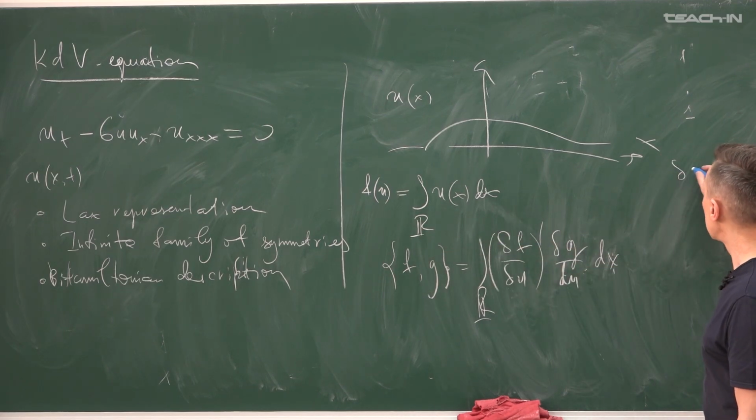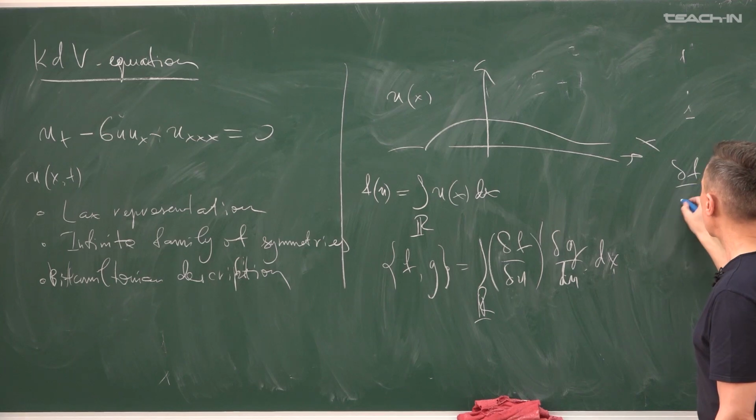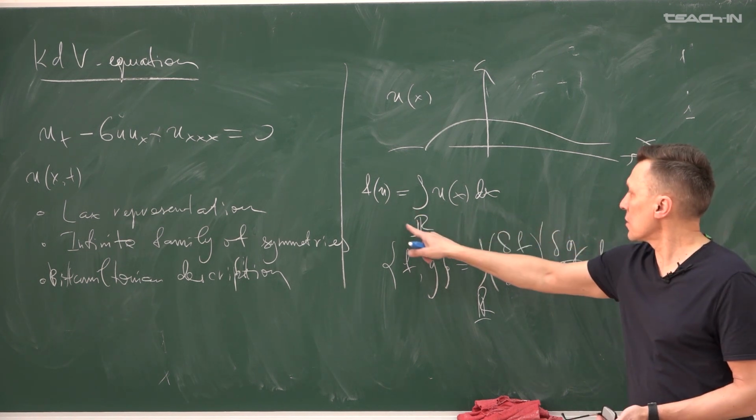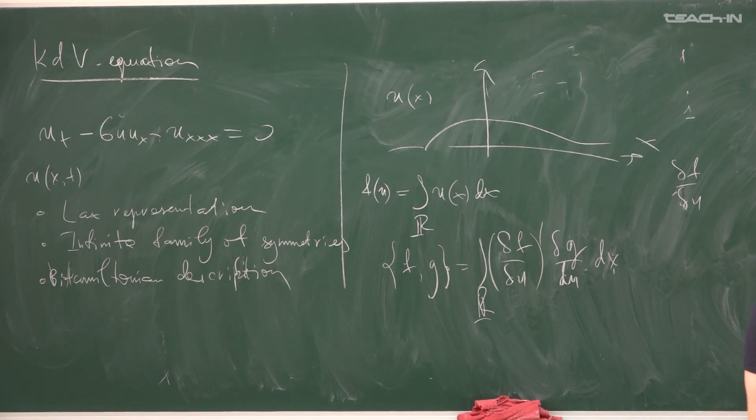What is df over du for the functional, the integral of u? The functional derivative, yes, it is 1, the constant function 1.